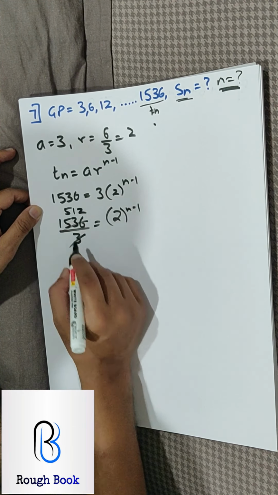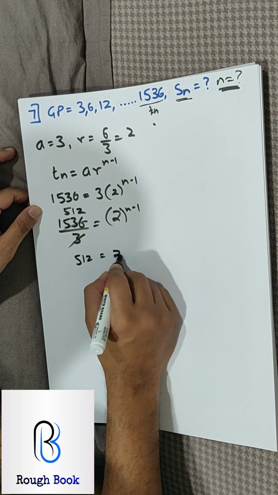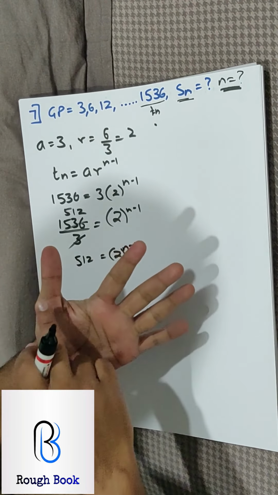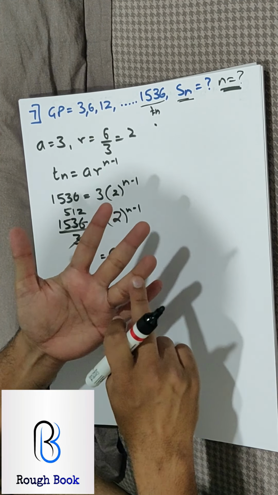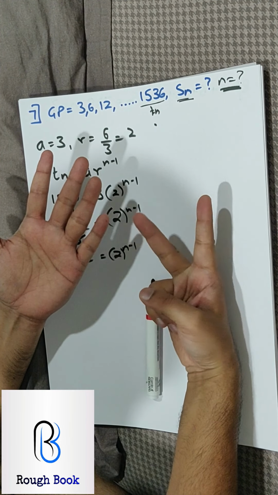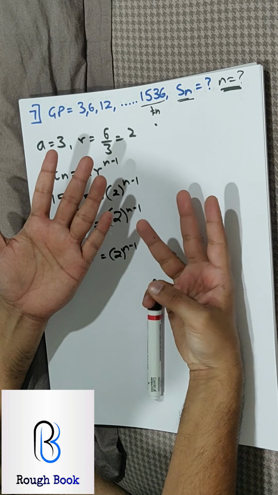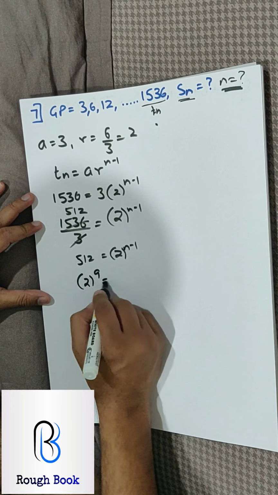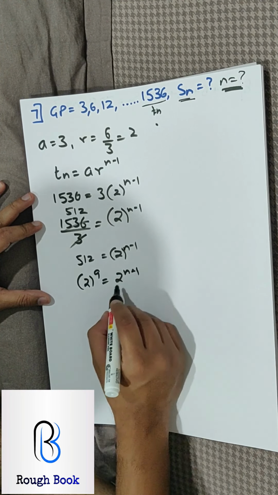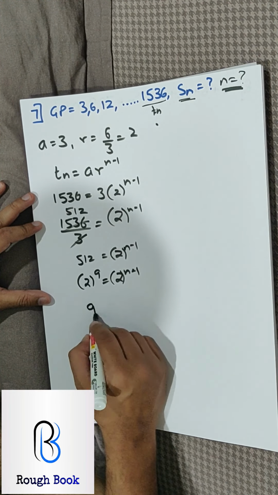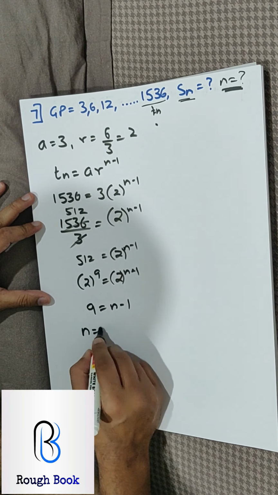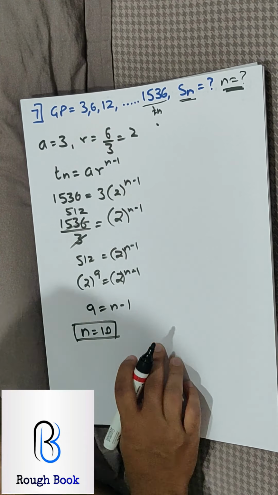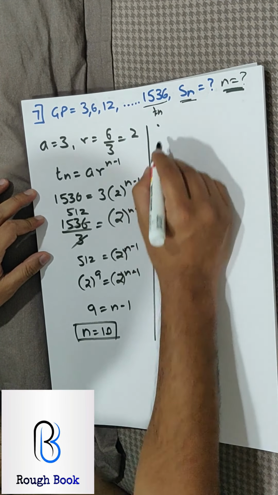So 512 is how many 2s? 2, 4, 8, 16, 32, 64, 128, 256, 512. So 9 times. So 2 raised to 9 equals 2 raised to n minus 1. Base is same, so 9 is n minus 1. So n becomes 10.